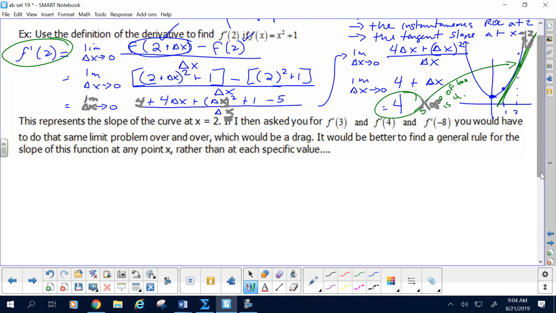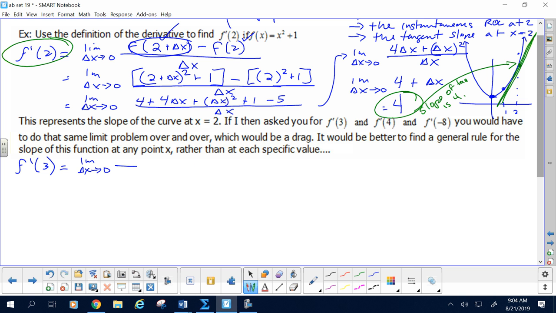Okay. Next idea. Now that represents the slope of the curve at x equal 2. If I then asked you for f prime at 3, that means what's the slope at 3? What would you have to do? You'd have to do all this again, but instead here, this would look as, this is good practice.